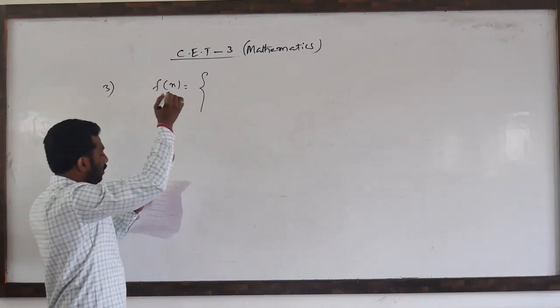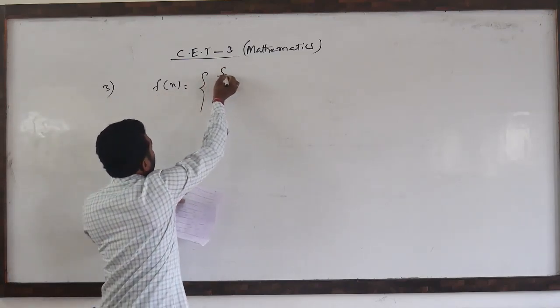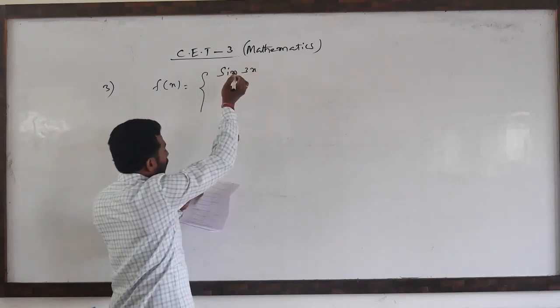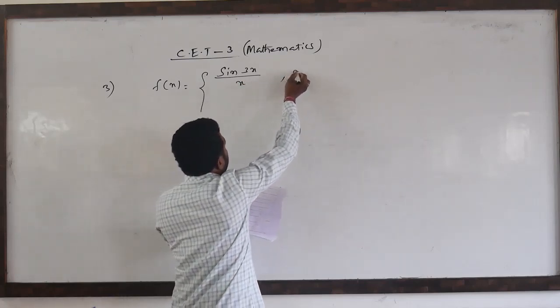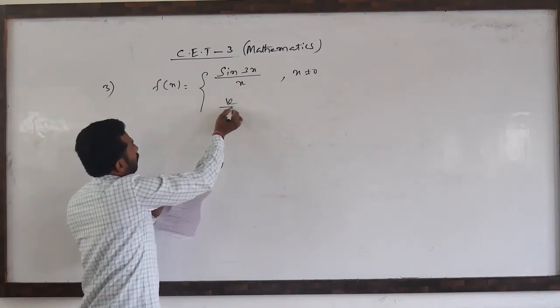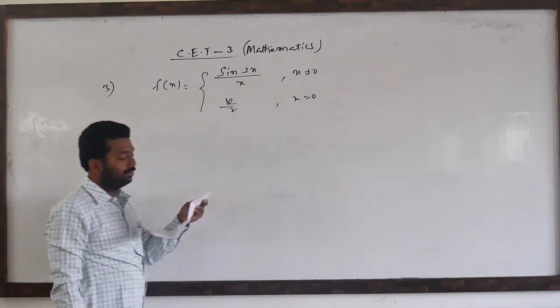Third one: f of x equal to sin of 3x divided by x whenever x is not equal to 0, and this is k by 2 whenever x equal to 0.